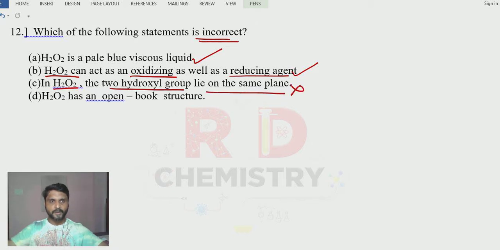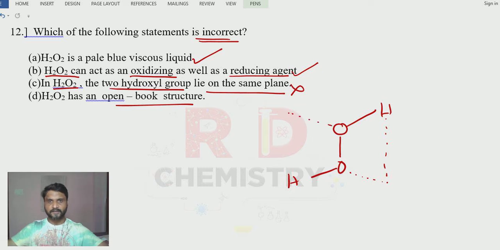Actually, it is the wrong one, because it has an open book structure like this: oxygen, oxygen, then hydrogens the other way around, drawn like an open book. They are not in the same plane because there is some angle here. Got it? So the answer is option number C, which is the wrong statement.